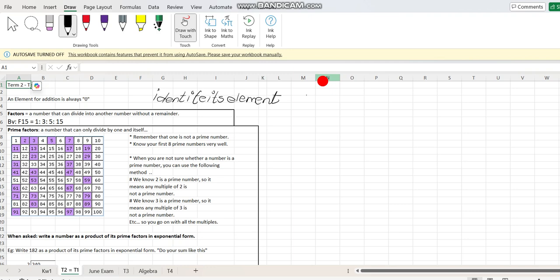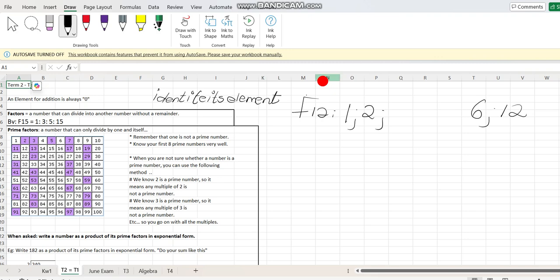So kom ons vat 12 byvoorbeeld. Factors of 12. Now always remember that 1 and 12 are factors, the one and the number itself. Then find the middle. What's the half of 12? It's 6. Okay, so that only leaves those to test. So, can you take 2 and put it into 12 without remainders?